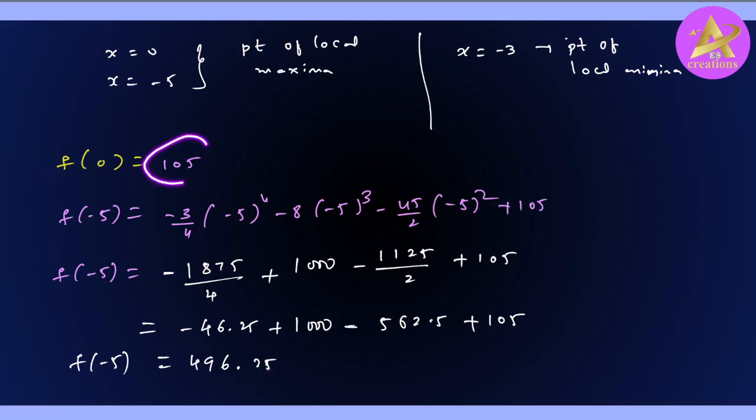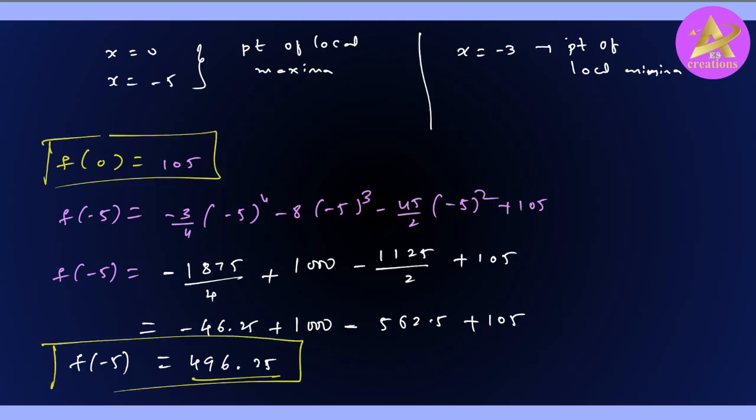Among these two values, this is the greatest, the bigger one compared to this. This we call the maximum, and x equal to minus 5 is called the point of maximum.